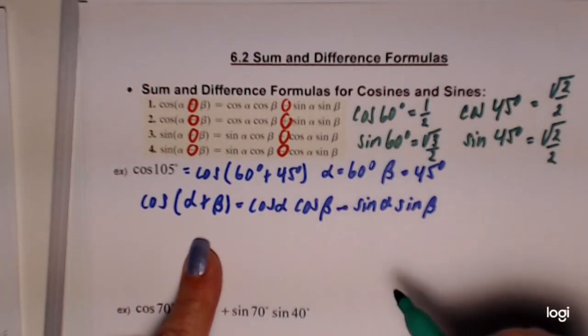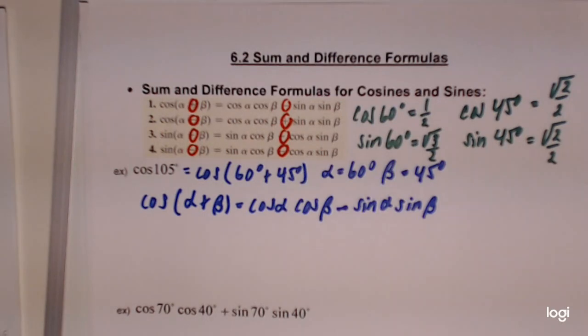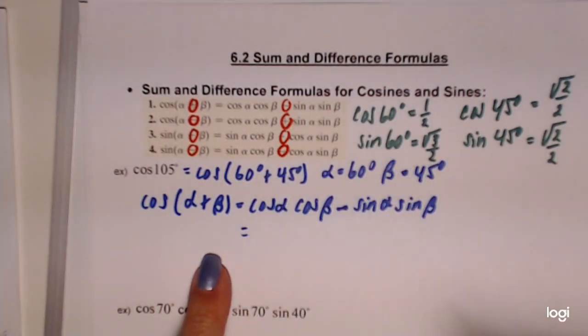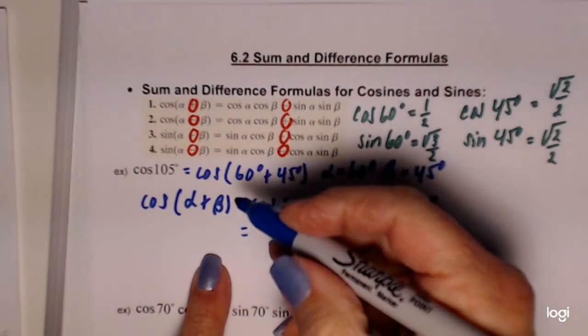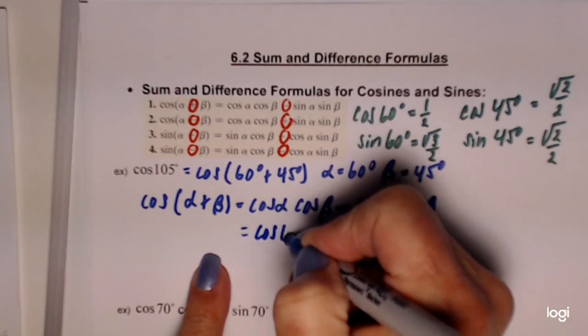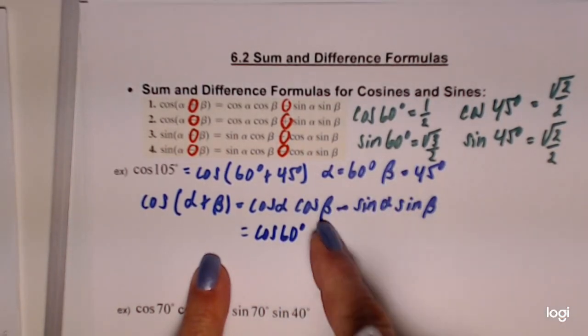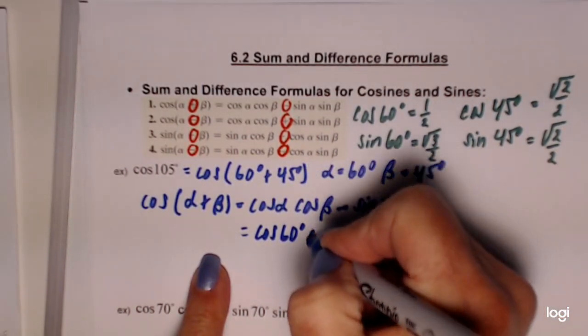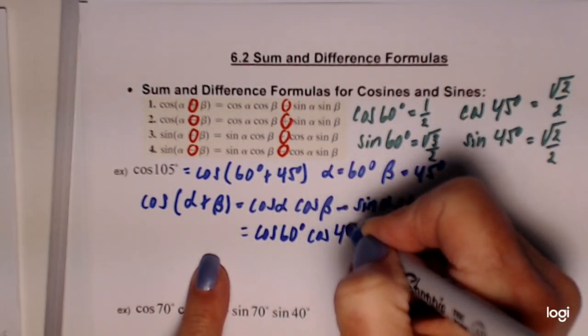So being that this is the first one we're going through, let me write exactly what we're doing here so you can follow as you take your notes. So we have said that alpha is 60 degrees, so we're going to be looking at the cosine of 60 degrees. We said beta is 45, so we're looking at the cosine of 45 degrees.